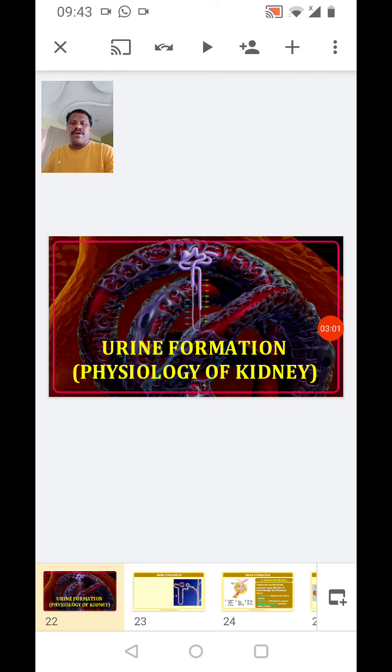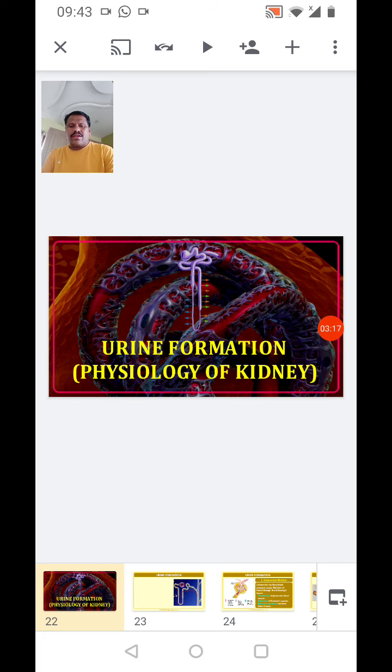The ascending limb continues as the distal convoluted tubule or DCT, and the DCT opens into the collecting duct. These are the parts of the nephron.